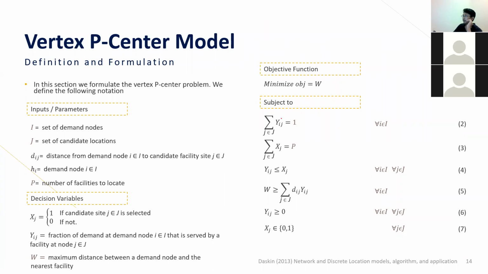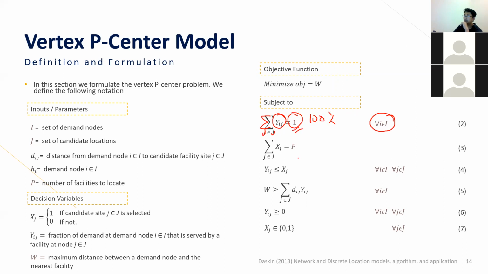Next here we have the constraint that the sum of yij is equal to 1. This is the percentage of demand coverage, right? For each demand node, we should make sure that the total of the facilities that cover the demand in node I, the total demand being covered, should be 100%.